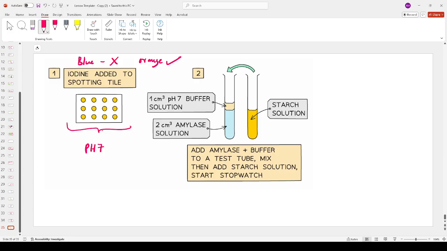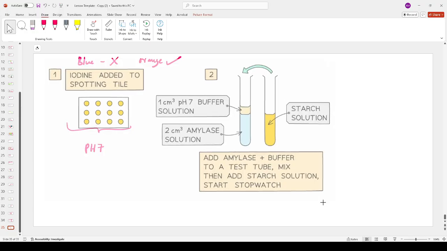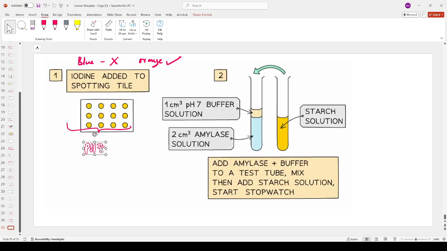It could also be the reaction hasn't happened yet. Correct. So this tile is only for pH 7. Everyone understanding that? I hope this is making sense.